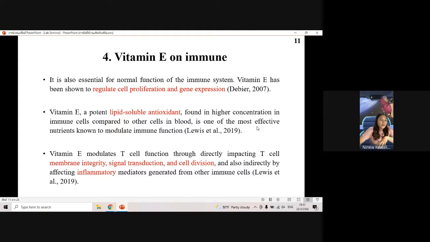It is one of the most effective nutrients known to moderate immune function. Vitamin E modulates T cell function directly through impact on T cell membrane integrity, signal transduction, and cell division, and also indirectly through the effect on inflammatory mediators generated from other immune cells.